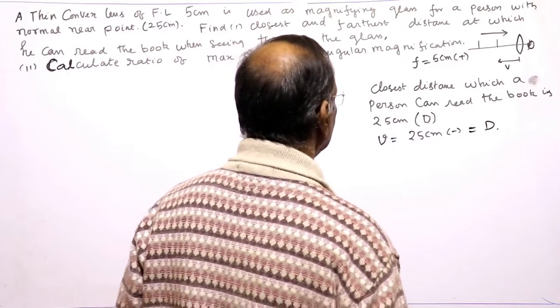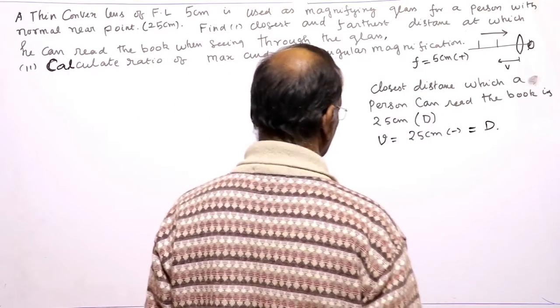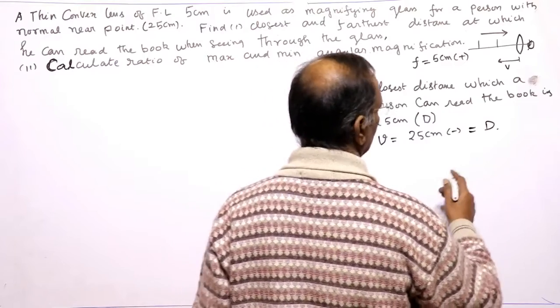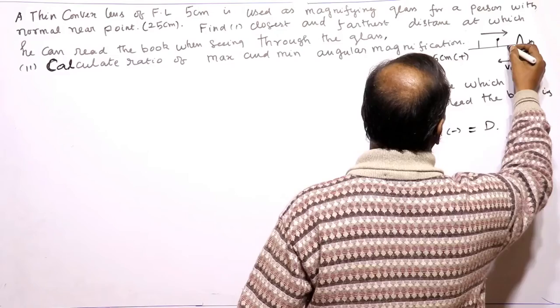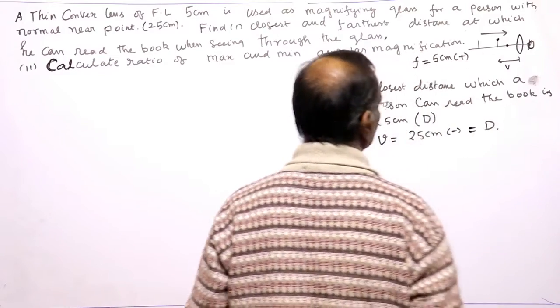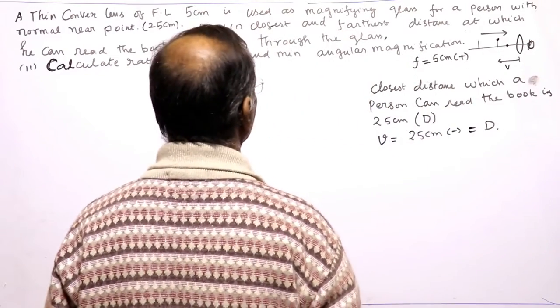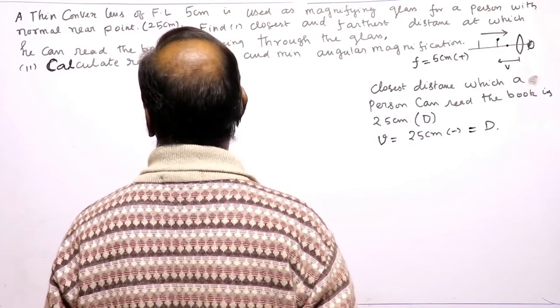Then focal length is given, 5 centimeter. Now we have to find out u minimum. It means at 25 centimeter he has to see, so where the object has to be kept. Find the closest.